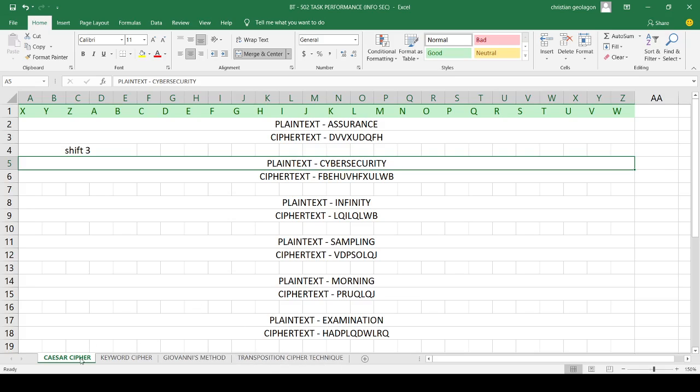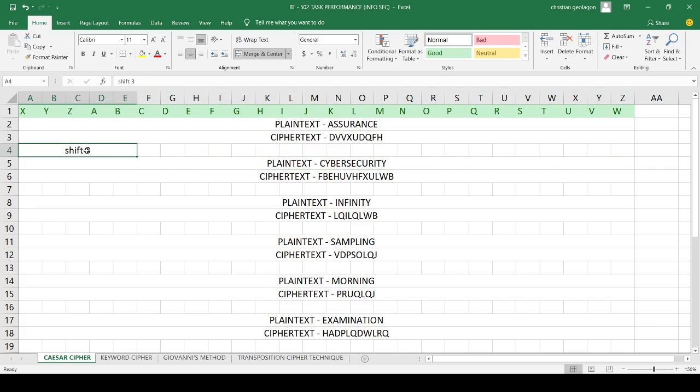For the Caesar cipher, there is plain text, which is the word we need to encrypt, and ciphertext, which is the word that was encrypted. What does this shift three mean?